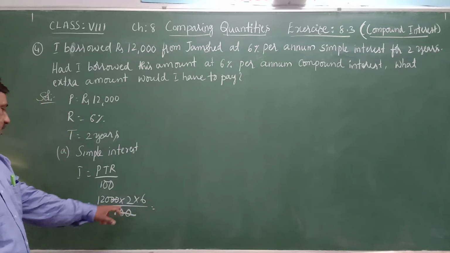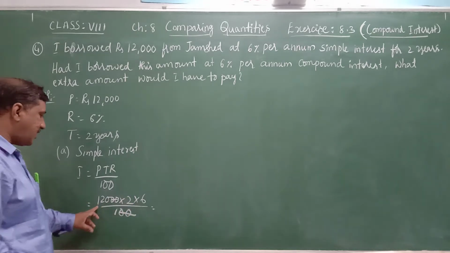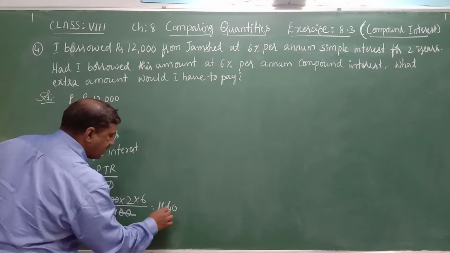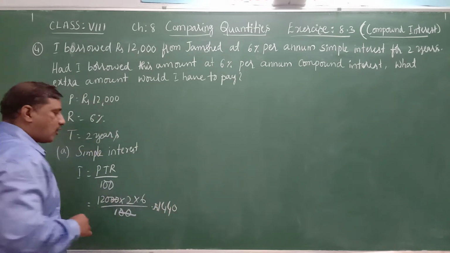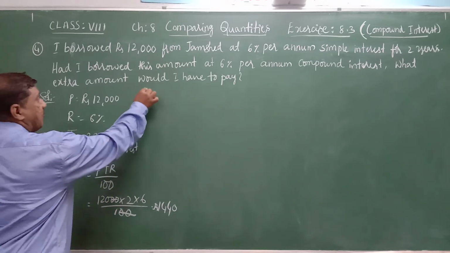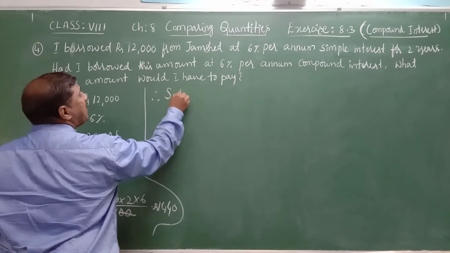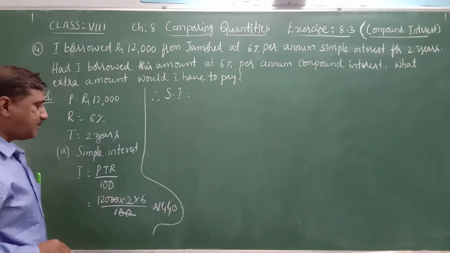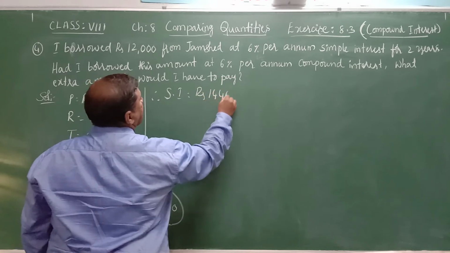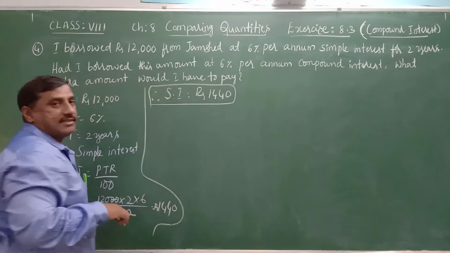Now multiply 2 into 6, 12. 12 into 12 is 144, and we have one zero, keep that 0. So now it is 1440 rupees. Therefore simple interest SI is equal to rupees 1440. 1440 rupees is the simple interest.